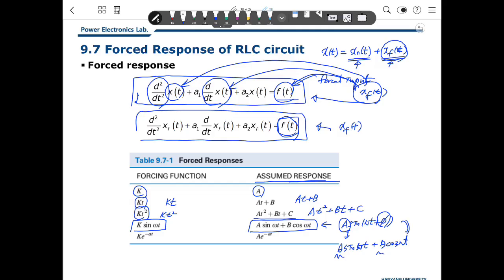Generally, we use this form. And if the input function is exponential, then the forced response form is also exponential. So it's very simple, and you don't need to hesitate to use these.